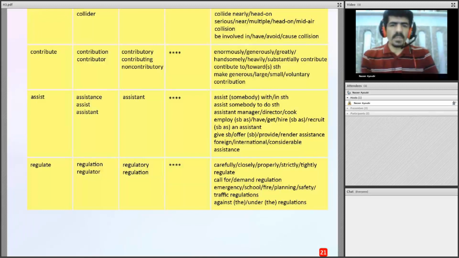Collocations: assist somebody with something or assist somebody in something. Assist somebody to do something. Assistant manager, assistant director, assistant cook. Employ somebody as an assistant. Have somebody as an assistant. Get somebody as an assistant.